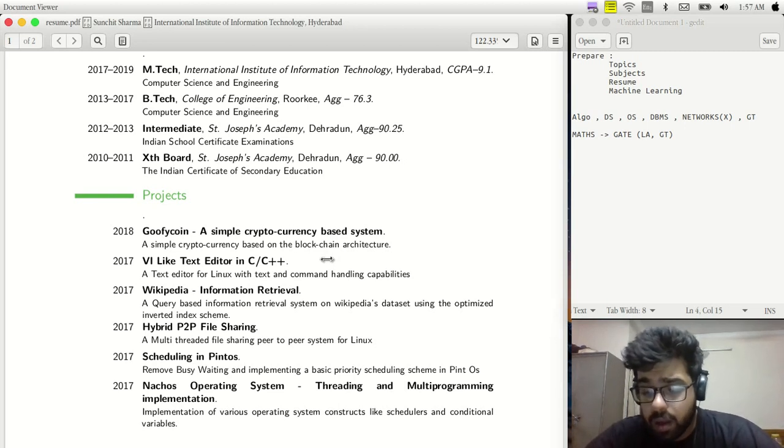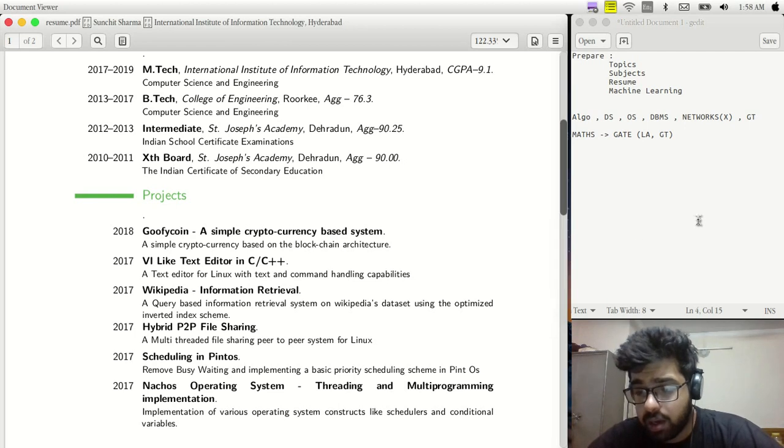Unless you have mentioned machine learning on your resume, or you say that you know machine learning, or any of your projects involved machine learning, they would question you on machine learning. In the other case, if your project is not about machine learning, or you don't have machine learning anywhere, there is a probability that you might not be asked about machine learning.